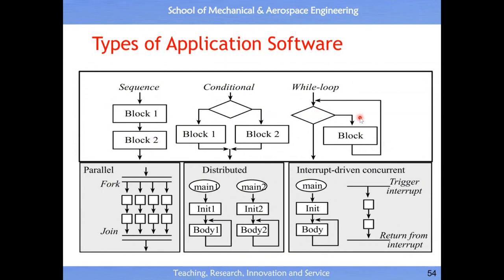So these are the 3 basic structures of instructions: the series or sequential structure, the conditional structure, and the loop structure inside your block diagram. For example, you can put them all together. You see, you have 3 in parallel, for the conditional you have 2, and for the loop you have 1, etc.